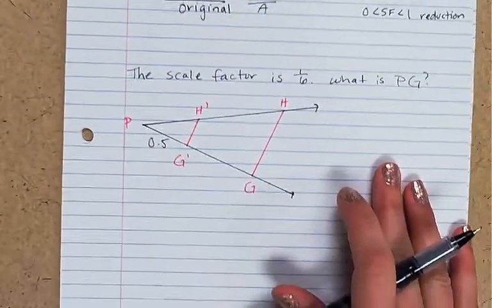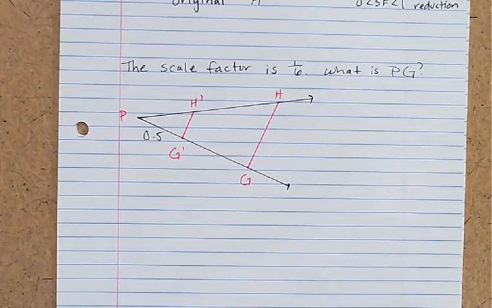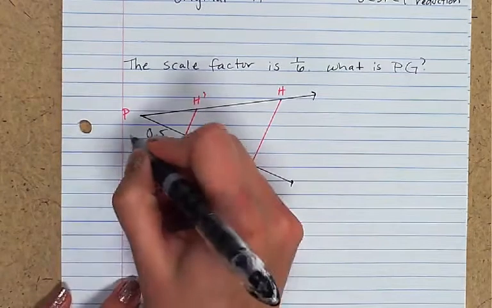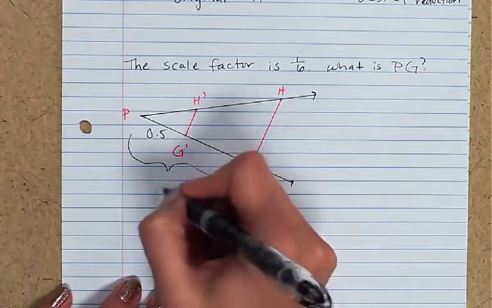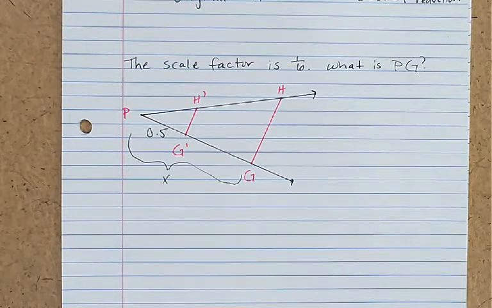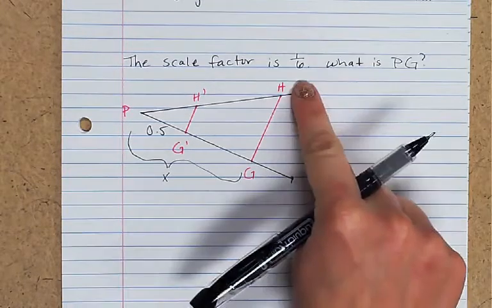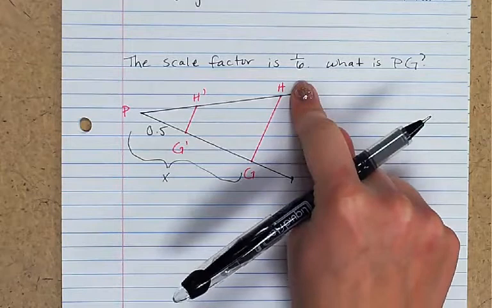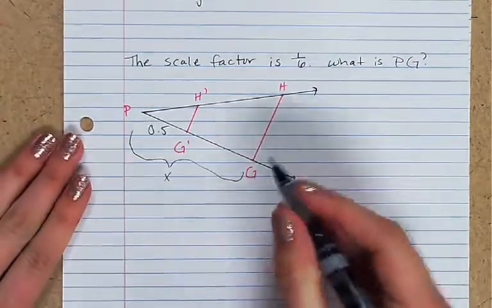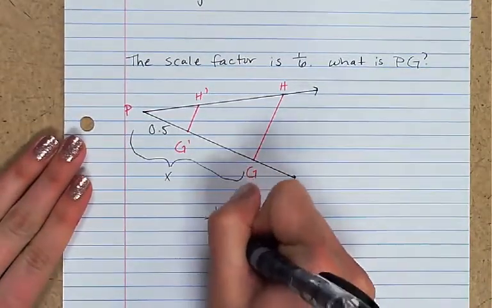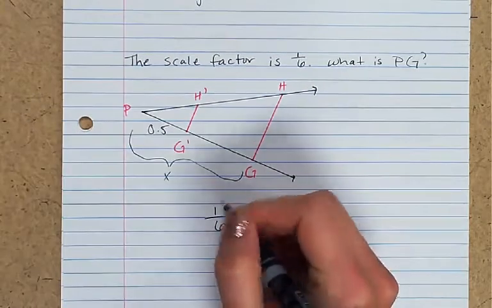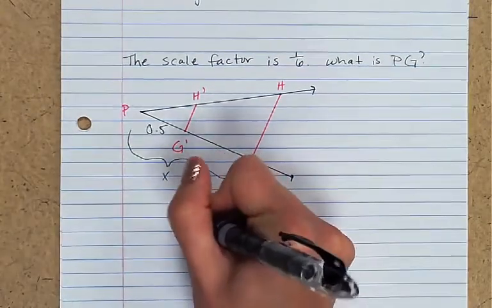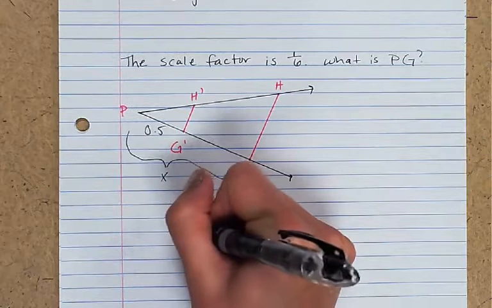On this one, it says the scale factor is 1/6. What's the length of PG? So I'm just going to put an X there. That's what we're trying to figure out, that distance there. We're going to use the scale factor and a proportion to help us out. The scale factor is 1/6. Remember it's prime over original.